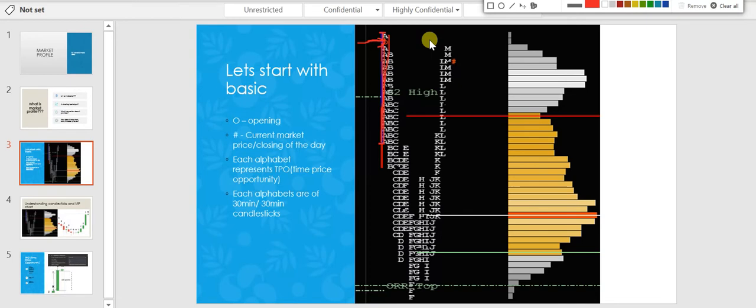This shows you the opening, and the hash shows you the closing or current market price. Let me explain how it looks in candles.